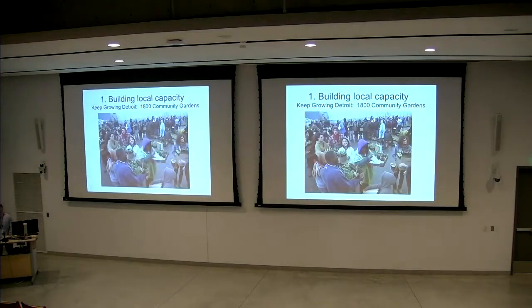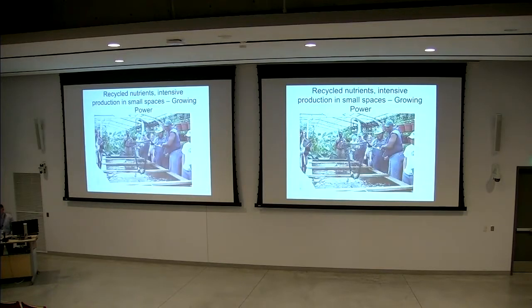So the first strategy is building local capacity. There's a lot of different things that we can do with that. The idea of more resilient, more self-reliant communities. Community gardens are all over the country now, all over the world. In Detroit, with vast amounts of vacant urban lots, they've really embraced urban farming and community gardening, with over 1,800 community gardens in that city.